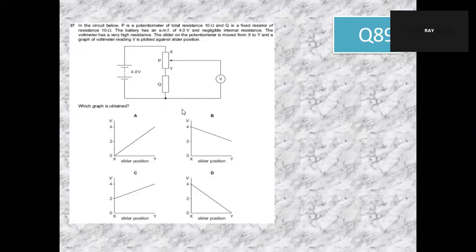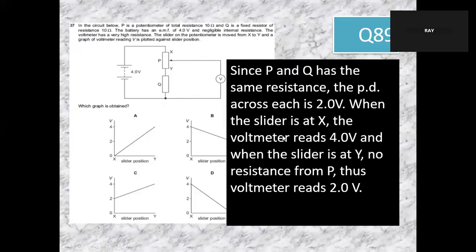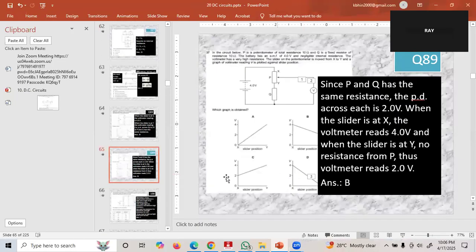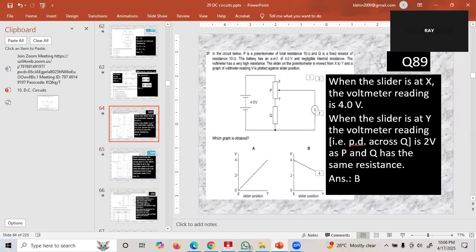So you start from the slider on the potential divider, moved from X to Y. So it means that it's moving from 4 volt to Y, Y is 2 volt. So it should be B. Okay, B.